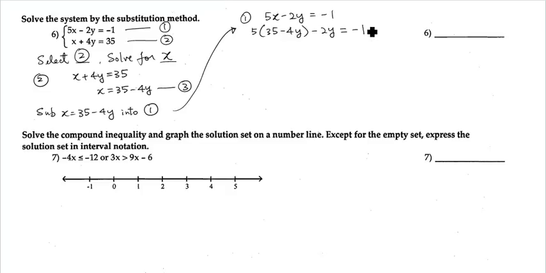Now by doing this, we will have one equation with one unknown. So we can solve for y. Distribute the 5. 5 times 35, 175. Minus 5 times 4y, 20y. Minus 2y is equal to negative 1.